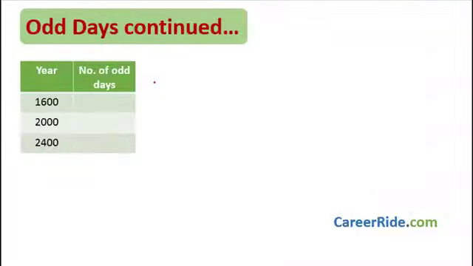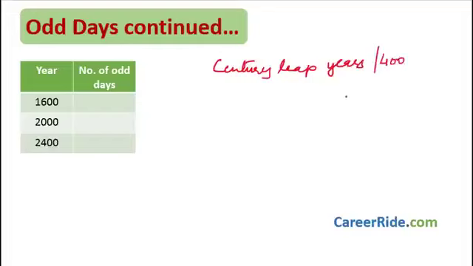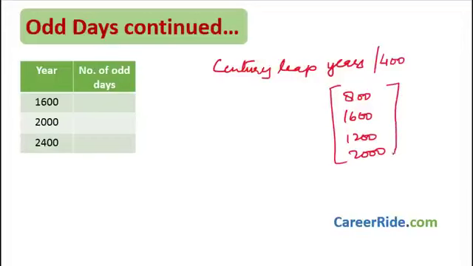Since every century leap year has 0 odd days, what are century leap years? Century leap years are the years which can be divided completely by 400. Years like 800, 1600, 1200, 2000. These are century leap years because they can be completely divided by 400.